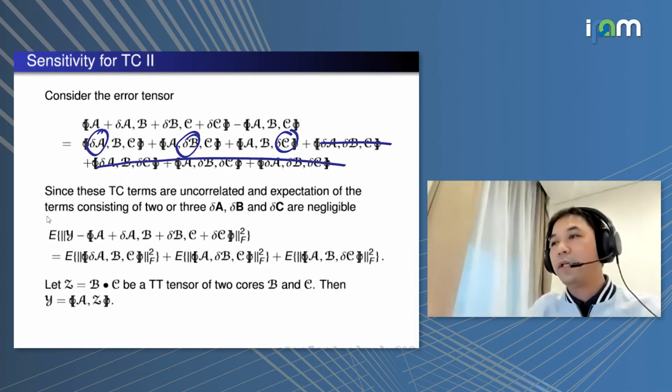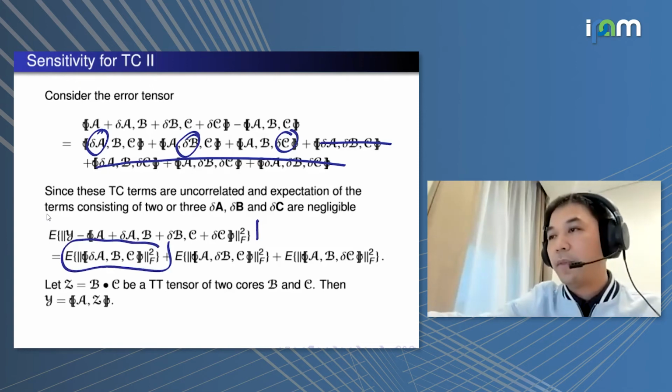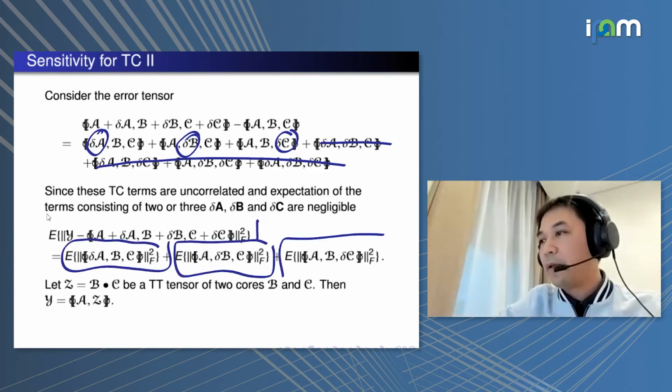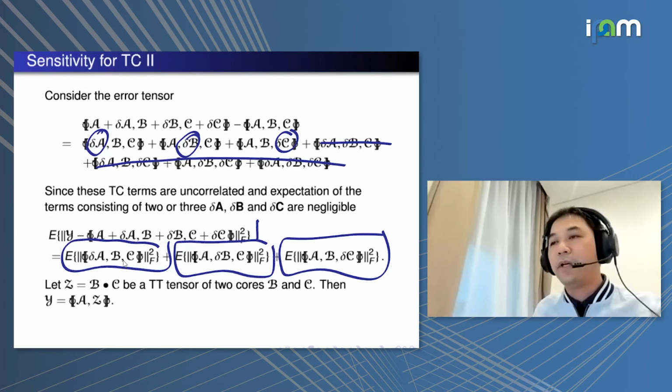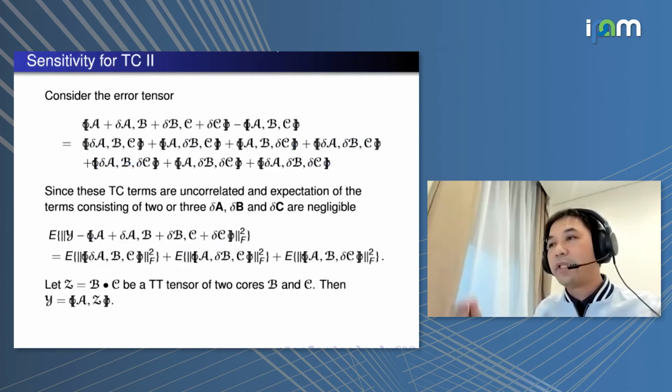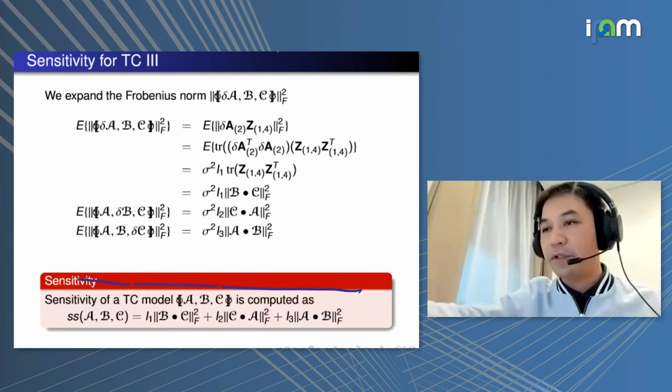In this case, because they are independent, we have only 3 terms. So now if we compute the first interpretation here, we get the compound expression to compute the sensitivity. We skip this, but we show you here the final expression to compute the sensitivity in this form.